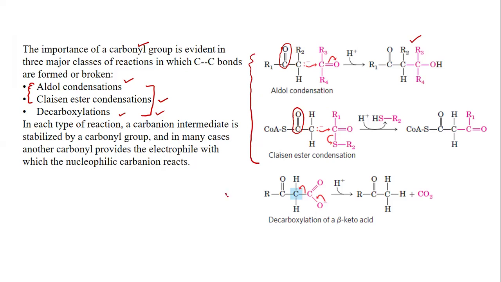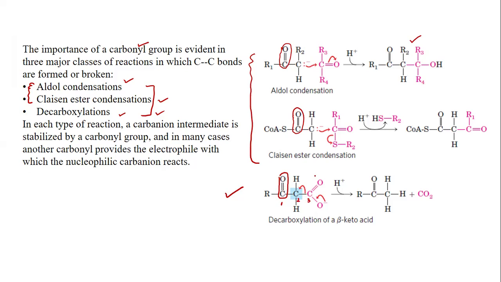Now, the reverse can be seen here. The carbonyl functional group within a structure can affect the adjacent carbon-carbon bond. For example, if this is carbon number 1, the presence of this carbonyl functional group has the potential to make the bond between carbon 2 and carbon 3 weak. The adjacent carbon-carbon bond can become weak in the presence of this carbonyl functional group.